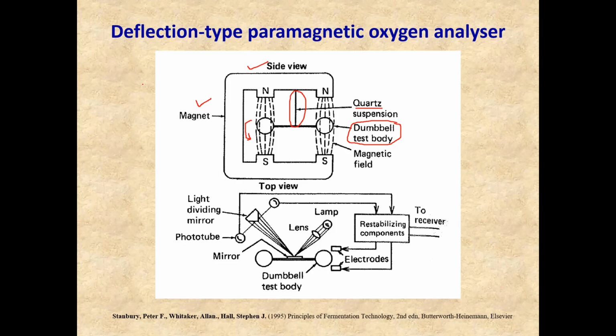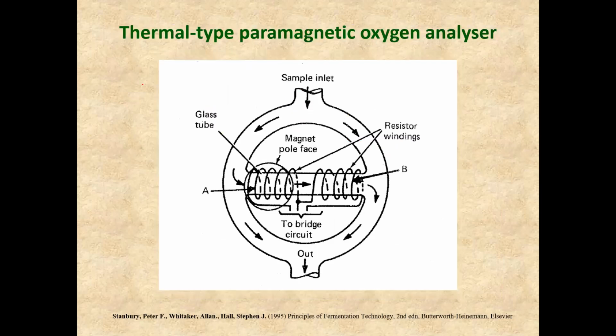The second type of paramagnetic oxygen analyzer is the thermal type paramagnetic analyzer. In this, a flow through ring element is the detector component. You can see there's a ring here, and the oxygen sample, or the sample in which you are suspecting the oxygen, is allowed to come through here. And again, since this is a paramagnetic oxygen analyzer, it exploits the same property of oxygen, that it has high affinity towards a magnetic field.